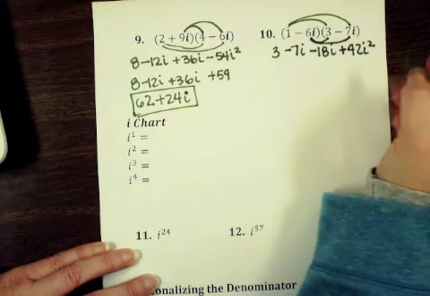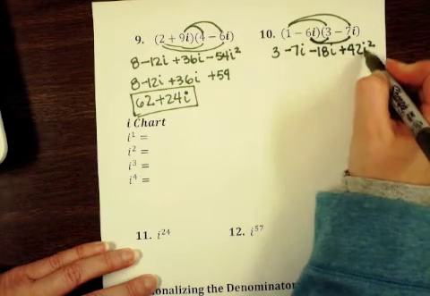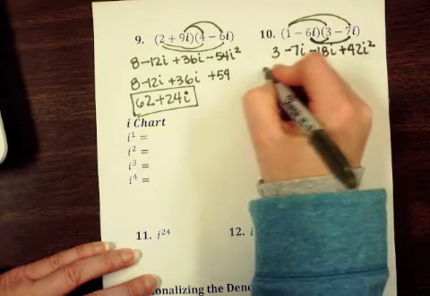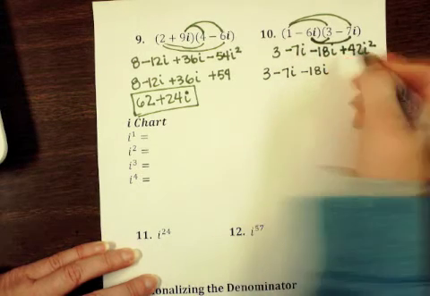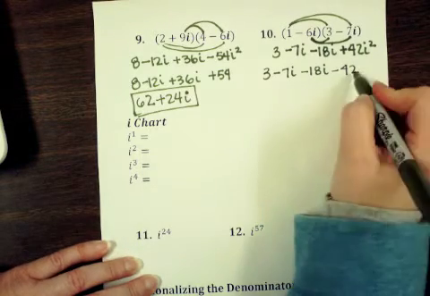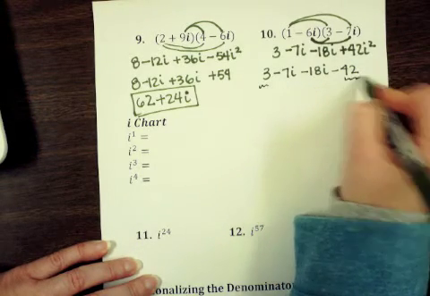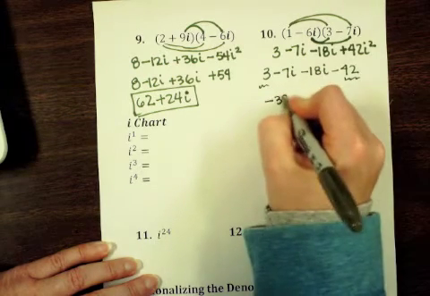Again, don't forget that you have i squared, changes that to a minus 42. So just writing down the first part, making this a minus 42. So the real part is going to be 3 minus 42, and 3 minus 42 is negative 39.